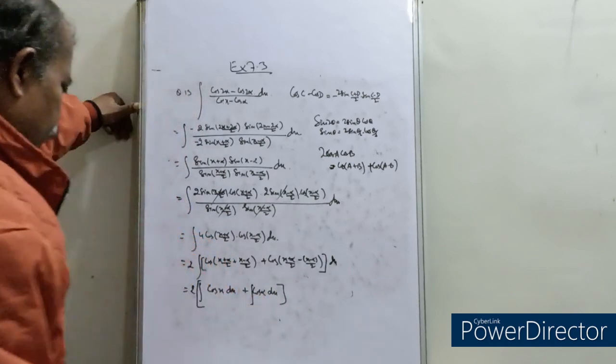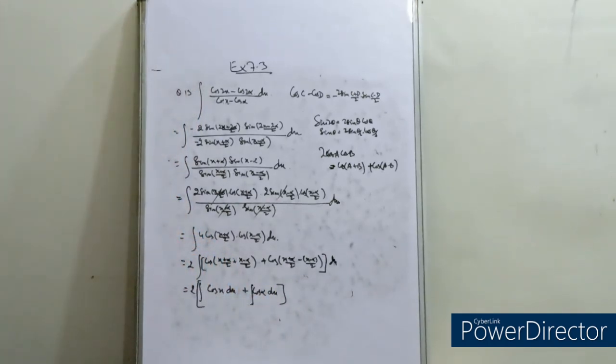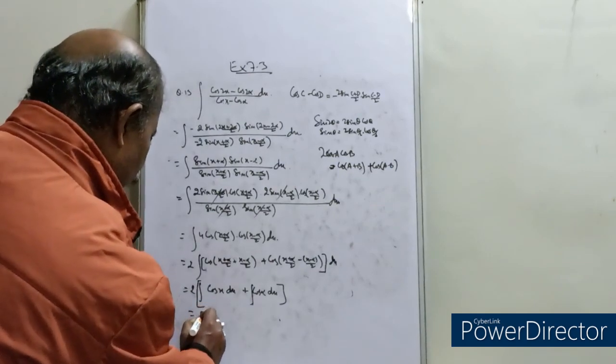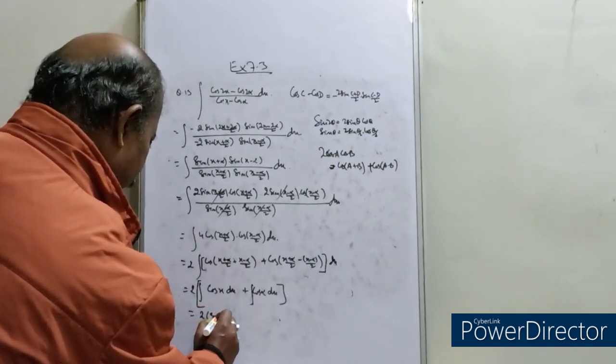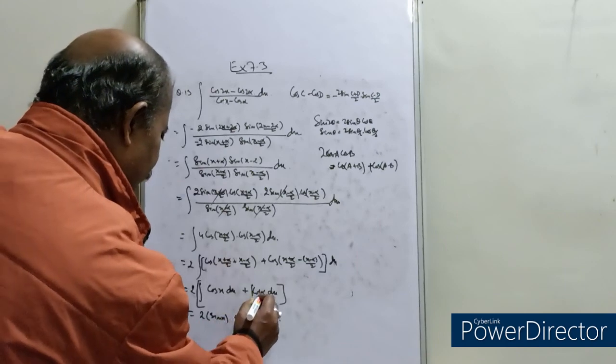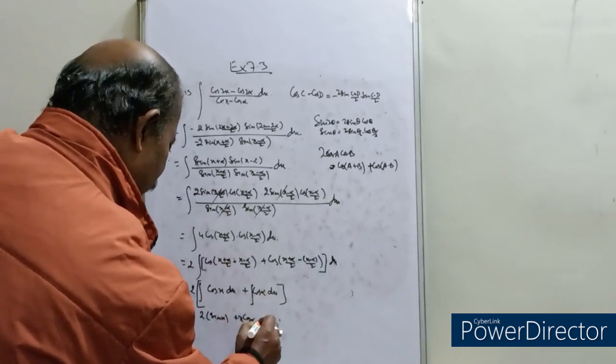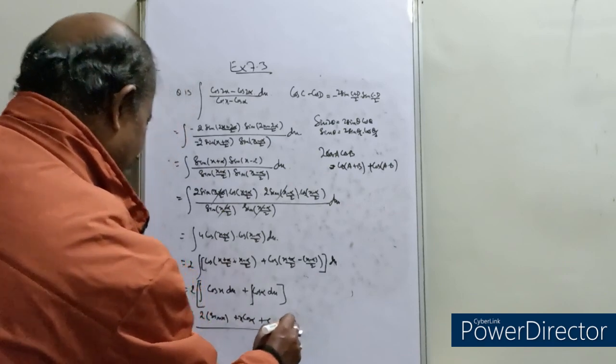Now it is easy for you, this is treated as a constant. So this will be equal to 2 sin x plus x cos alpha plus c. So this is your answer.